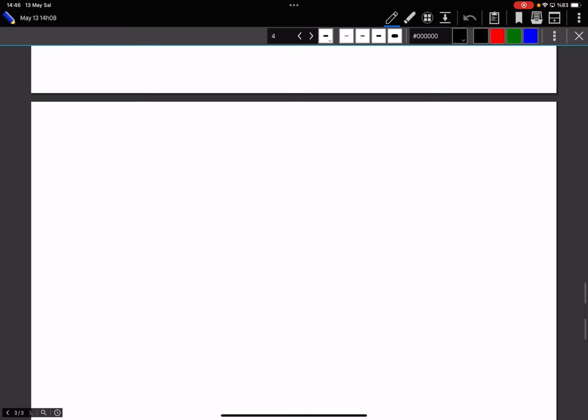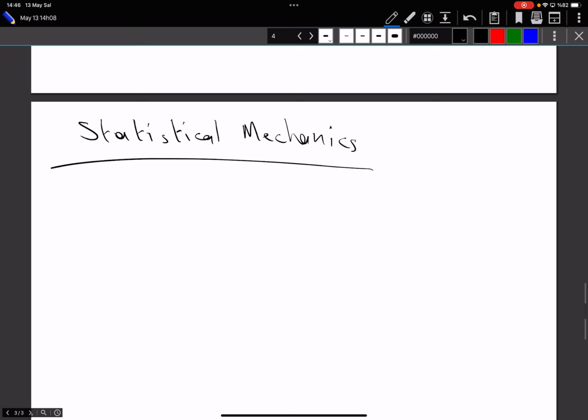Now, to deal with such systems, one way is statistical mechanics, which you will study, or have already studied. That basically deals with trying to avoid solutions of the quantum mechanical problem of Avogadro numbers of particles. Now, there are other approaches.